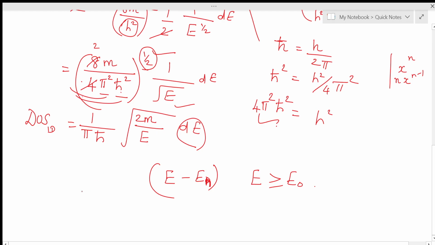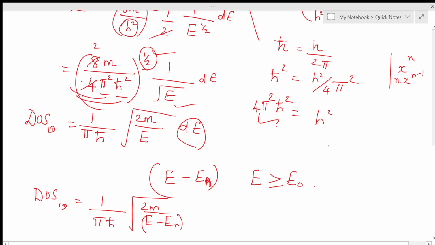So we get the density of energy states for one dimension as 1 by pi h cross square root of 2m by this E, which can be written as E minus En. That is, E minus En is written.